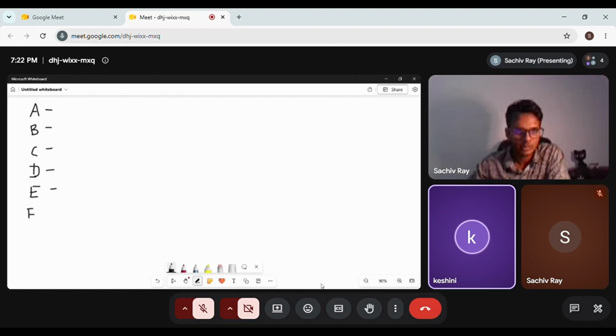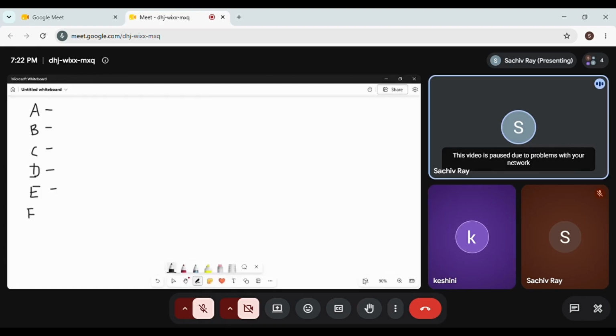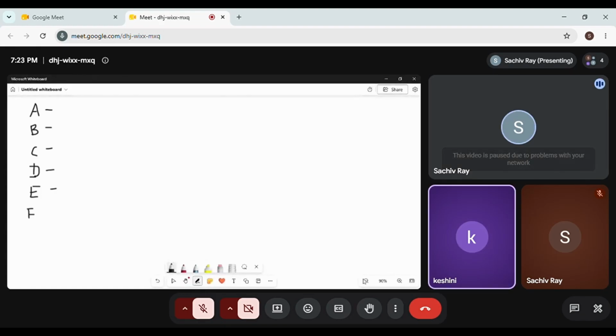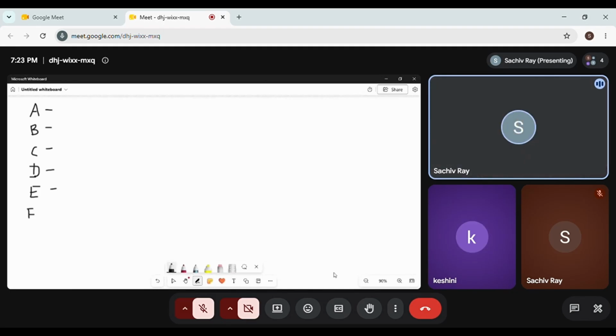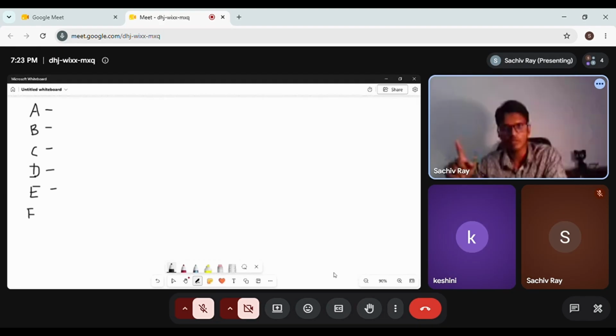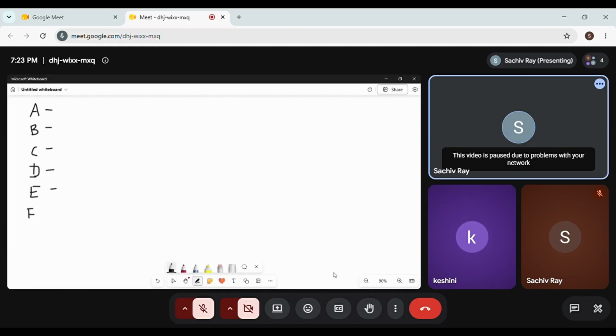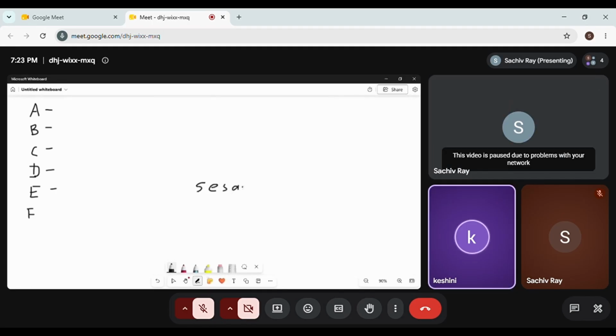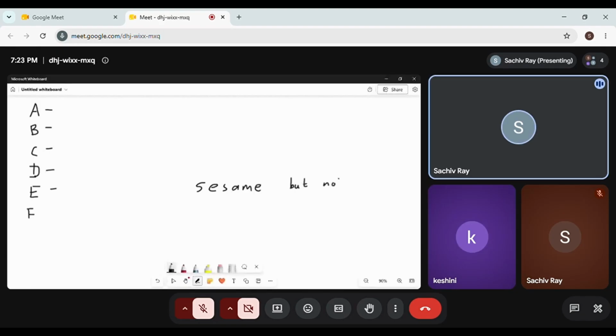For D, you write farmers who cultivate paddy and sesame, but not corn.